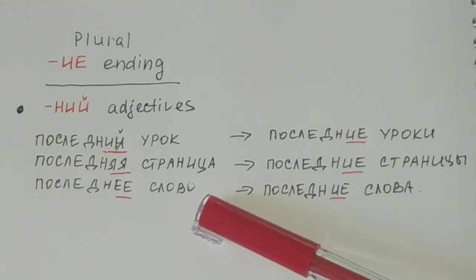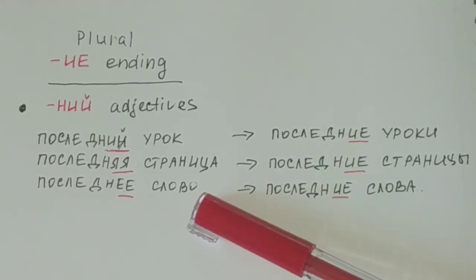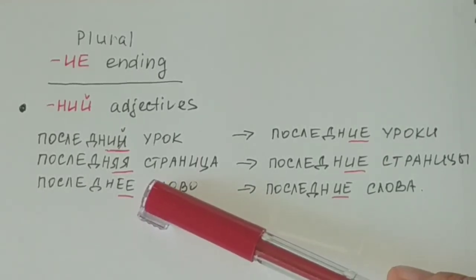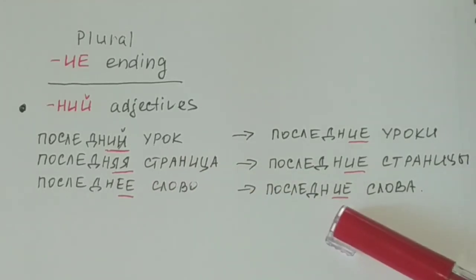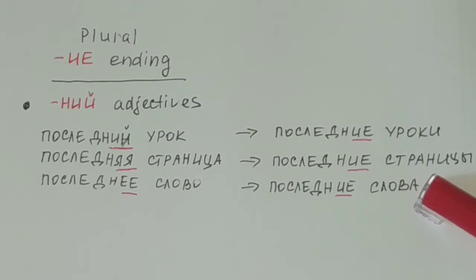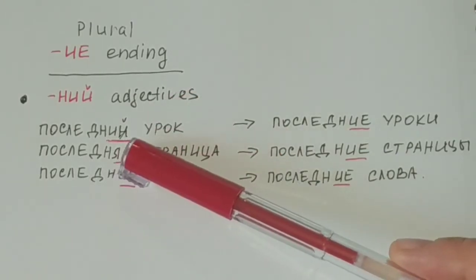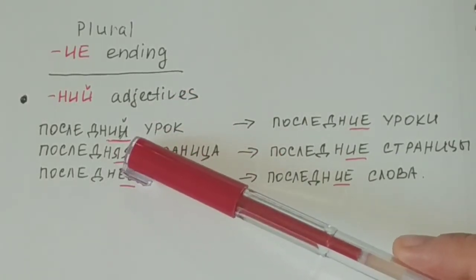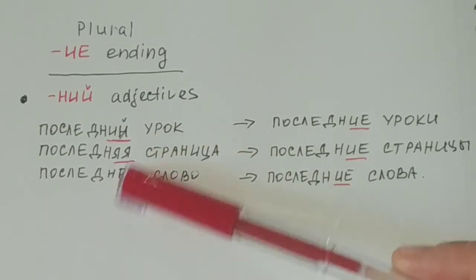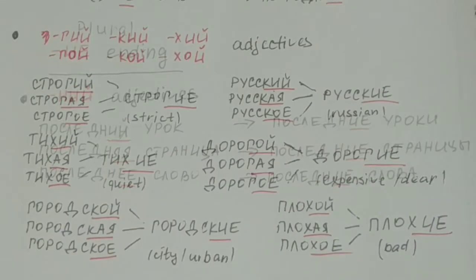And for the neuter gender example, we have последнее слово, слово meaning word, a neuter gender noun, and the neuter gender adjective последнее will turn into plural последние слова, meaning the last words. So we see that the dictionary form of the adjective ends in ний, and all of its other gender forms, няя, нее, will make their plural form by changing the ending into ние.